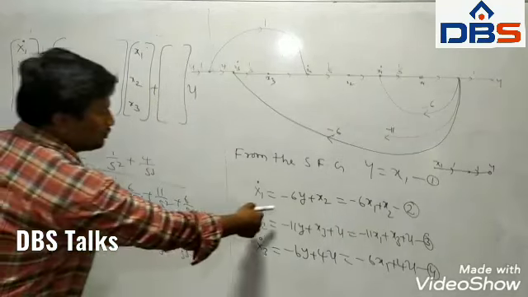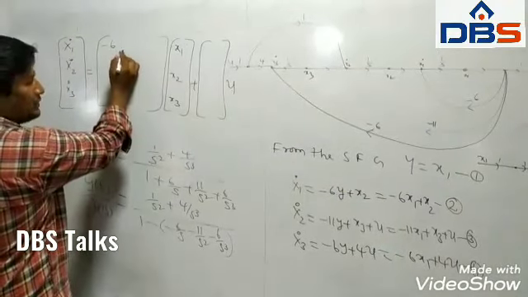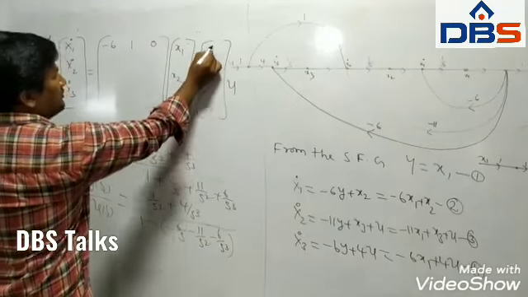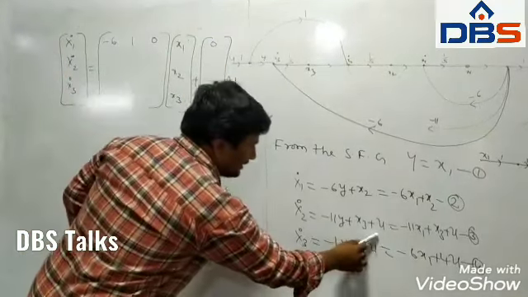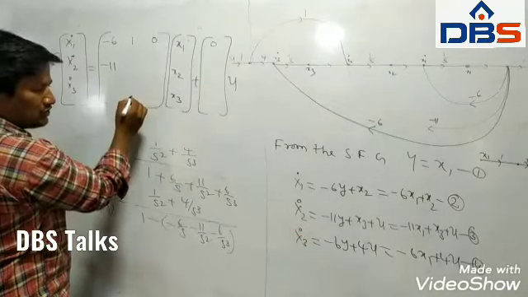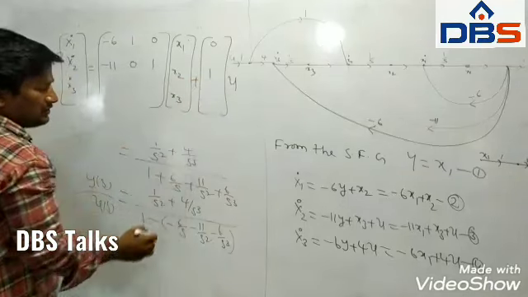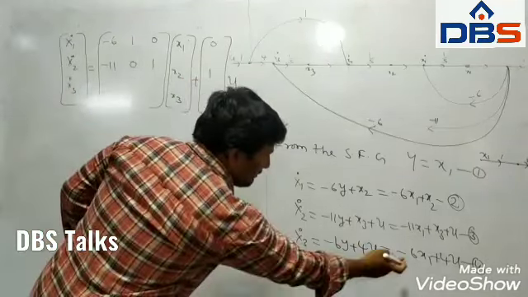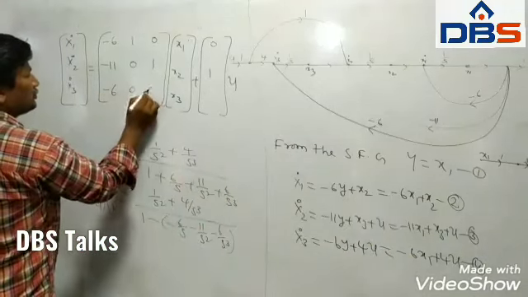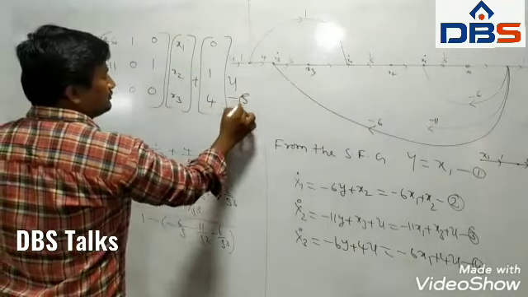So from equation 2, minus 6x1, that is minus 6, and x2, that is 1, there is no x3 term, 0, and there is no u term, 0. And from equation 3, minus 11, there is no x2 term, 0, and this is 1, and the u term is there, that is 1. And from equation 4, minus 6x1 plus 4u, that is minus 6, 0, 0, and this is 4. So this is equation 5.